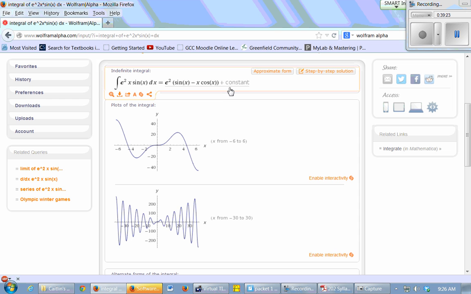And it will give me the integral. And then you just have to check and see if yours is equivalent to this one.